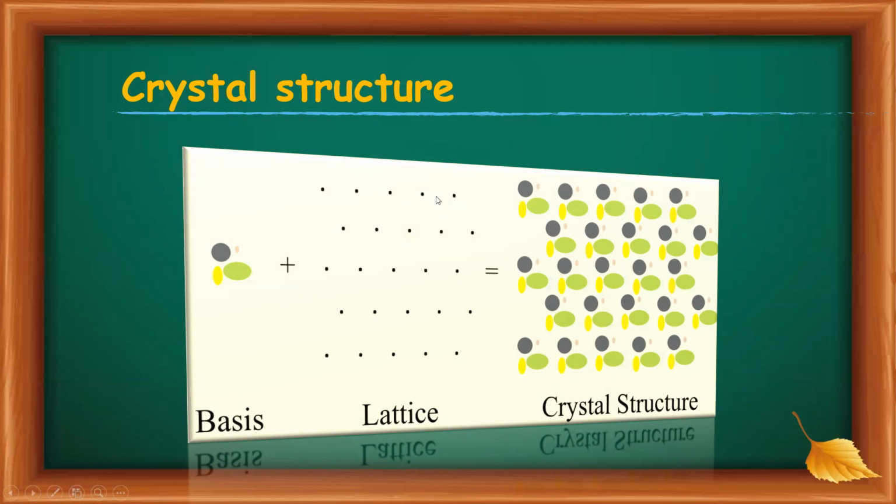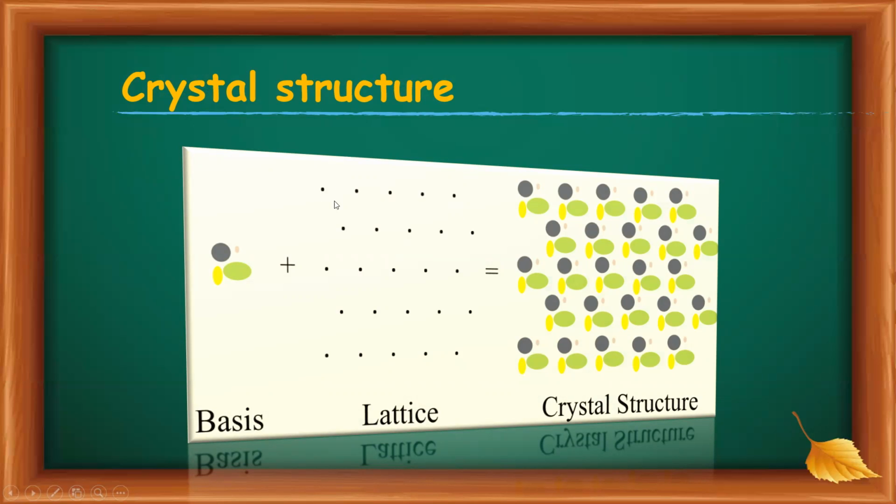Here the lattice means some position. Then this basis is repeated in the lattice, so we get the crystal structure. Basis plus lattice give the crystal structure.